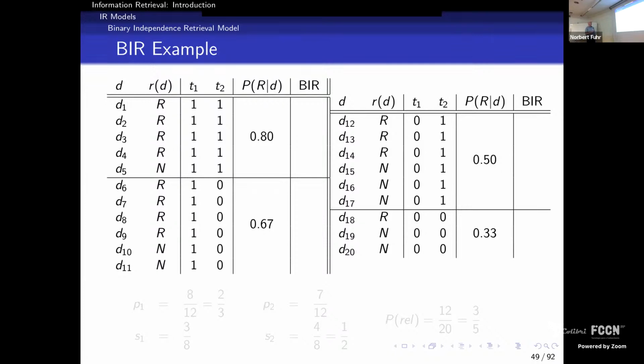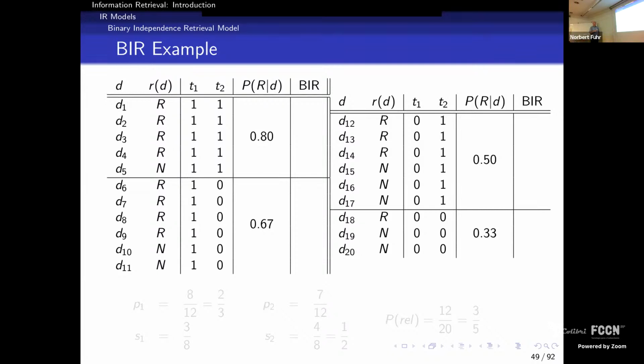The first group of documents contain both query terms. Here, these contain only the first term, these contain only the second term. Then we have 3 more documents containing none of these terms. And now, since they have the same representation with respect to the query, we can already also compute the probability of relevance for these documents.